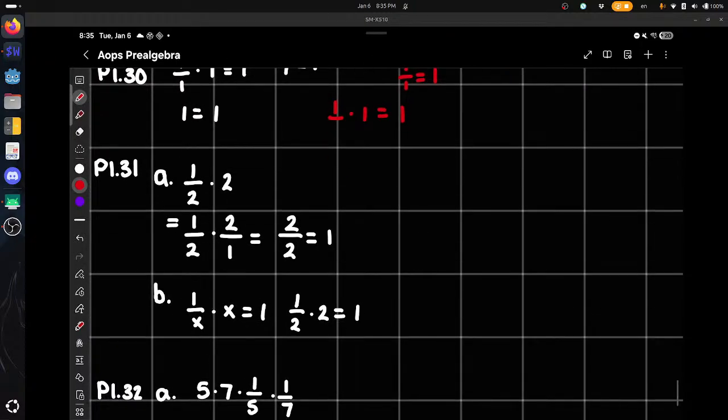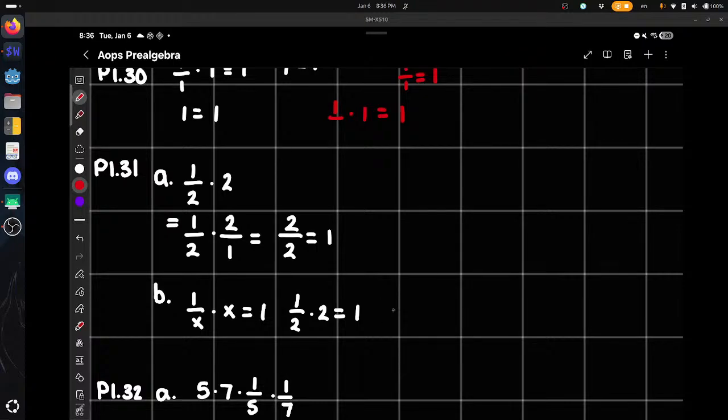Now, on to the problem that didn't really make a lot of sense to me. By the definition, problem 31A, by the definition of reciprocal, the product of 1/2 and 2 is 1. Okay. Problem B, from part A, we see that the number that fills in the blank to solve.